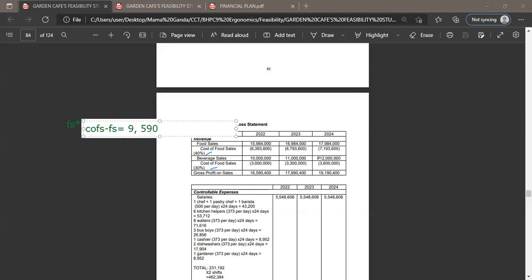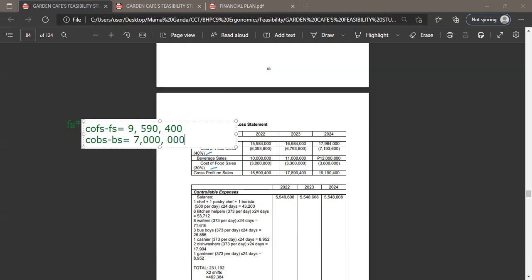So we get 9,590,400. And then for the cost of beverage sales minus the beverage sales, we will get the 7 million pesos amount.